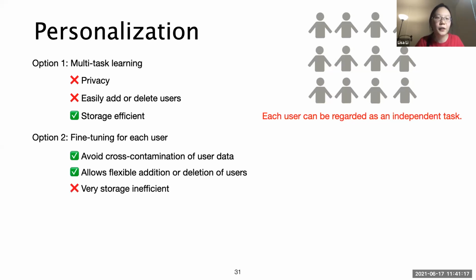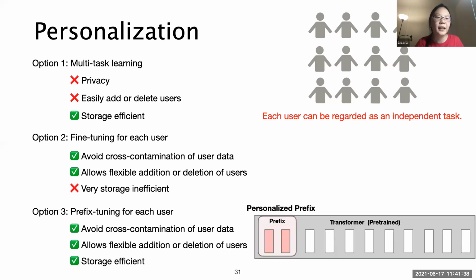It addresses the first two problems because it avoids cross-contamination of user data, and we can add a new user by just fine-tuning a new model on that user's data. However, this is very storage inefficient because we have to save a large model for each user, which is not scalable when we have a large number of users.